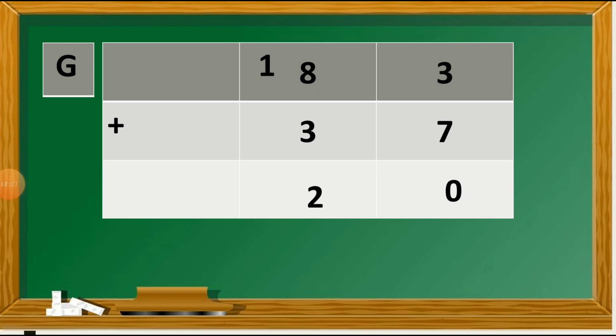So write down number 2 under the tens column, and from this 12, number 1 will move as a carry forwarded number at the hundreds column, and this way you can write down the number 1, and here is the answer, 120. So hope you understood this, and there is no doubt regarding this sums.